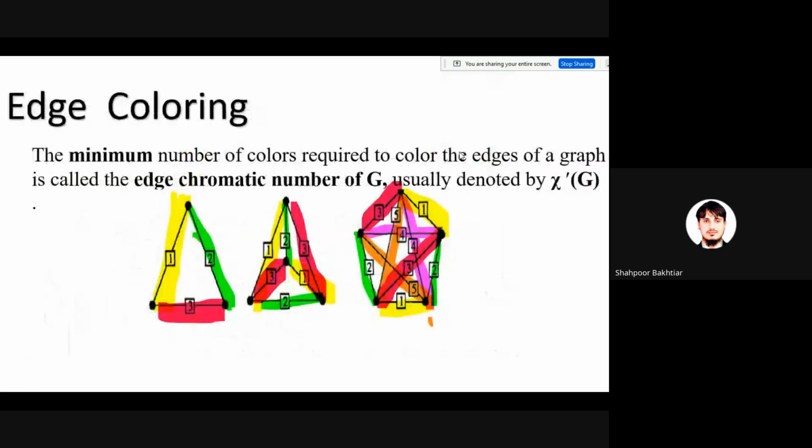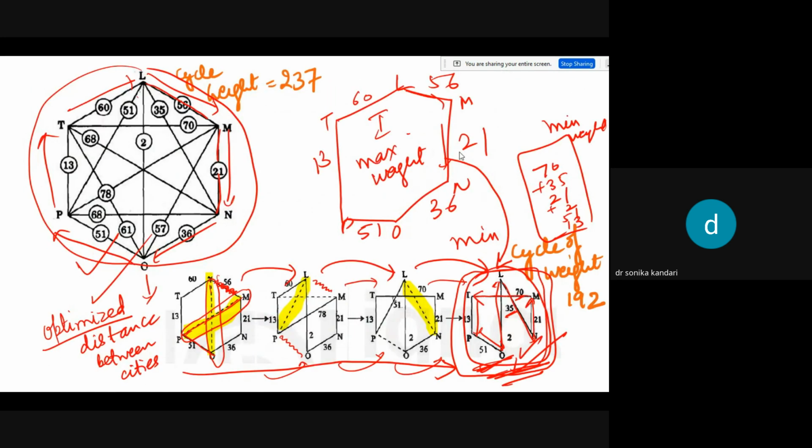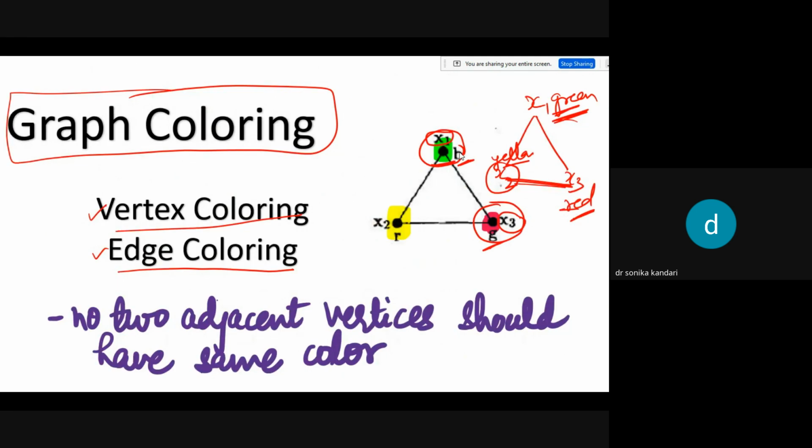Fine. So what we were doing was vertex coloring. Tell me, what are two components of any graph? Vertex and edge. So we have seen vertex coloring. Now we will see edge coloring.